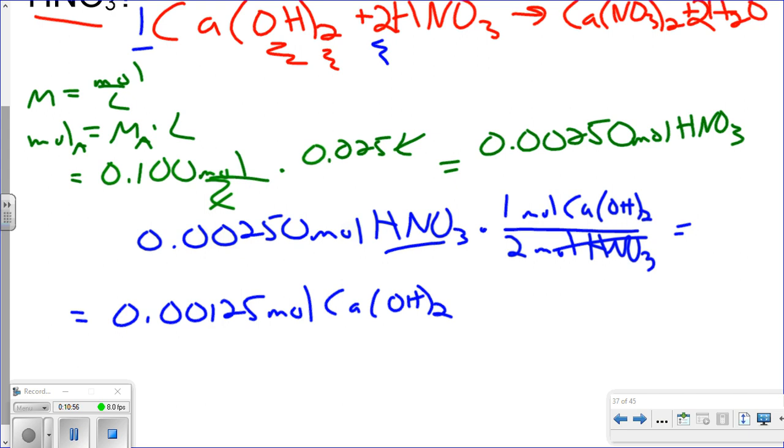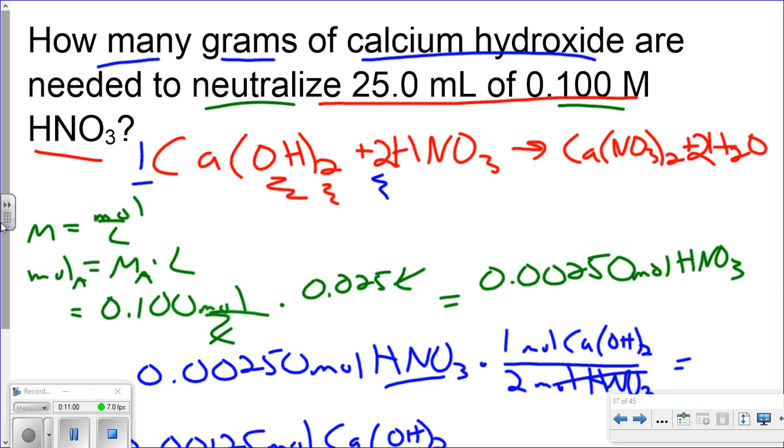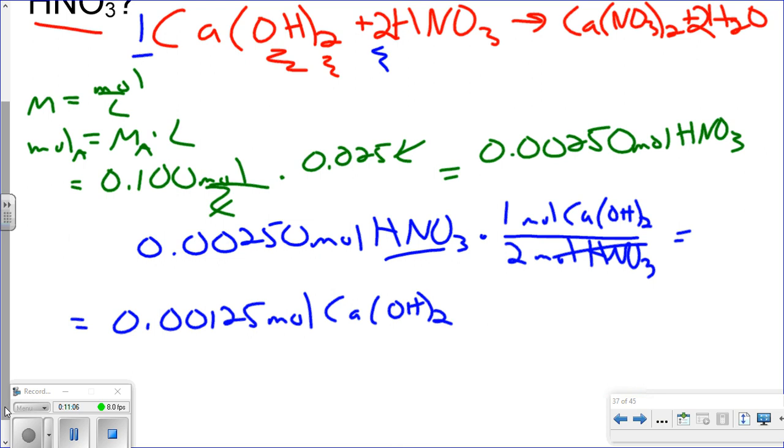Okay? Now, let's go back to our question. We got moles of calcium hydroxide. Always keep aligning yourself to the question. What are they asking you for? How many grams of calcium hydroxide are needed? Well, this is how many moles. Well, this is easy now. Once I have moles, let's just convert using molar mass to mass.